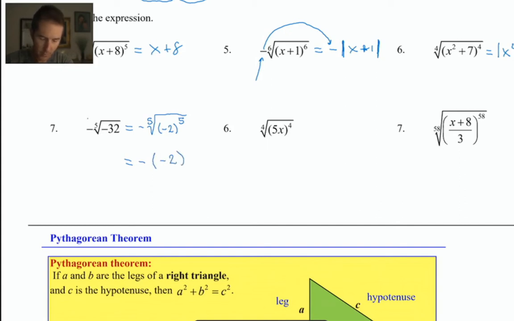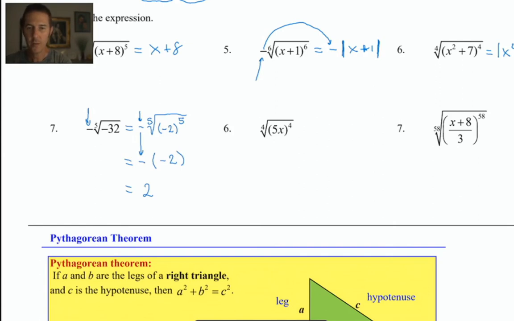But there's this negative sign sort of traveling along with us. And so that negative is going to interact with this negative, leaving us with a final answer of positive 2. So we're lining up some little nuances there, some little details of this process, and making sure they interact with each other in just the right way to get us just the right answer, in this case positive 2.